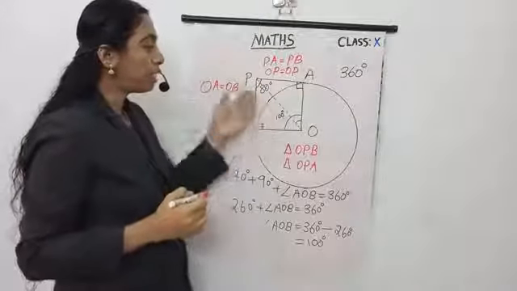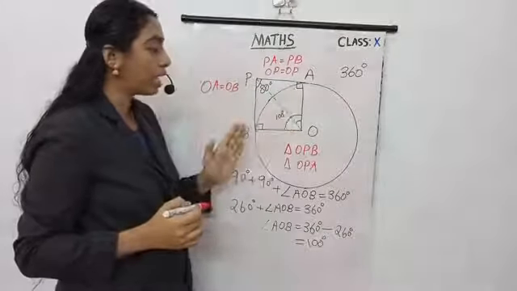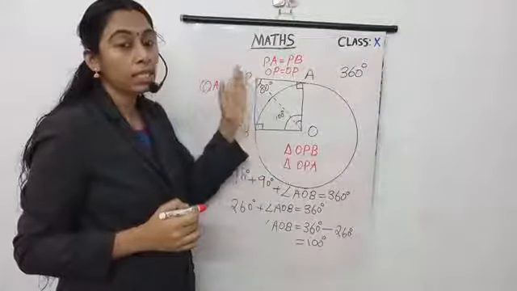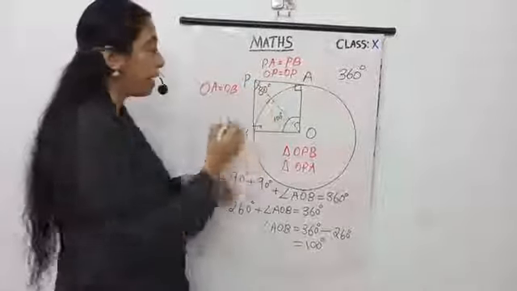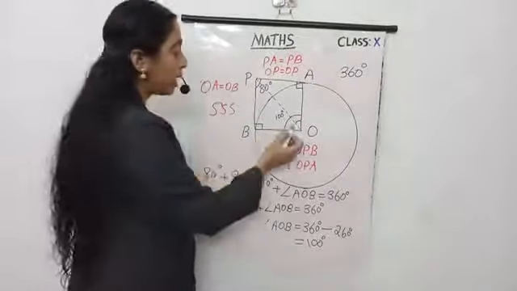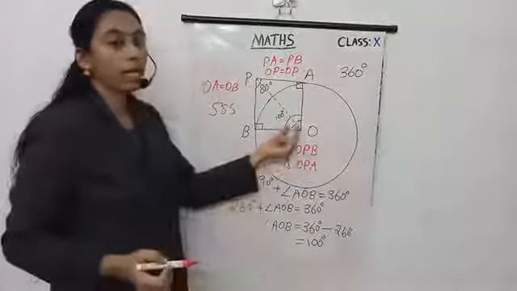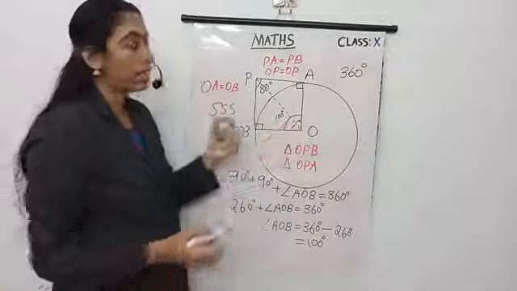Now all three sides are equal to the three sides of the other triangle, so both are congruent triangles by the SSS rule. So this angle and this angle are equal, corresponding parts of congruent triangles.